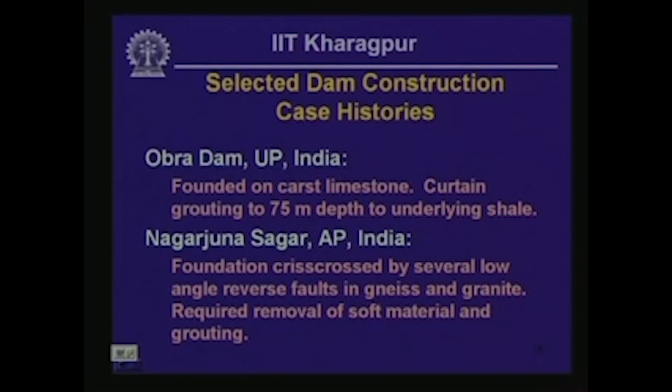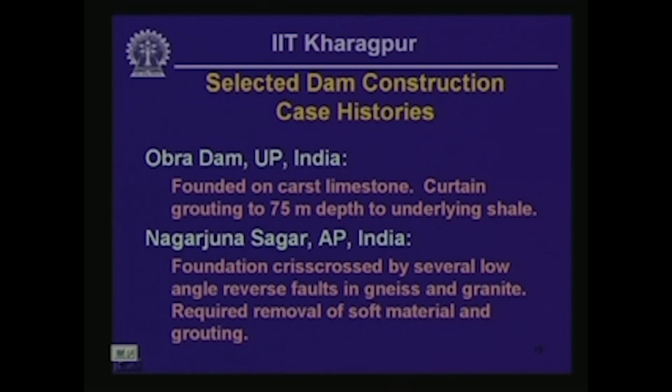In order to preclude seepage, in this particular case heavy grouting was undertaken, and grouting had to go to a depth of as large as 75 meters to tie in the bottom of the dam with the underlying impervious shale bedrock underneath the cavernous limestone unit.